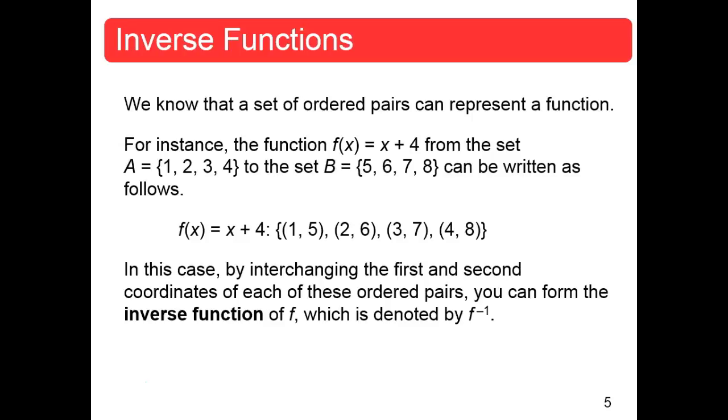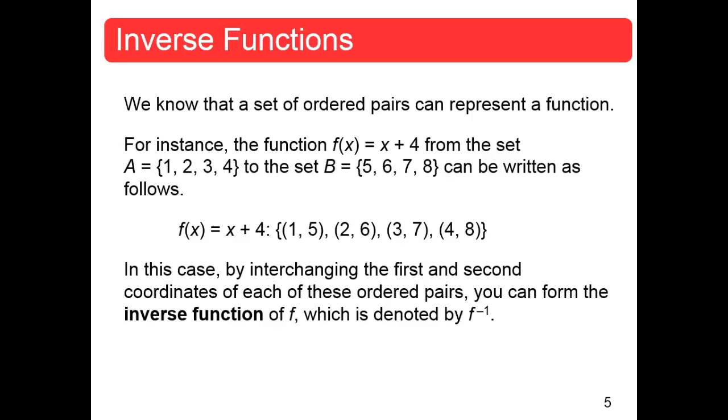Okay. Now we can express that function, f of x is equal to x plus 4. Yeah, we did that. Such that here is the set of ordered pairs. 1 maps onto 5, 2 maps onto 6, 3 maps onto 7, 4 maps onto 8. So there's another way to express a function, as an equation or as a set of ordered pairs.